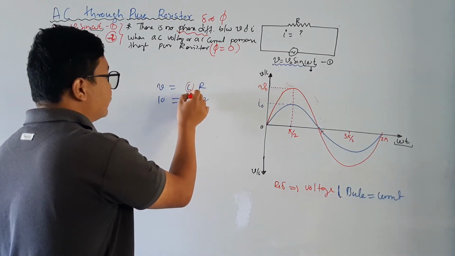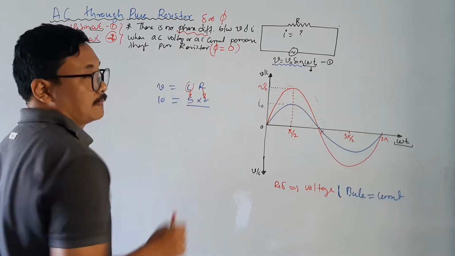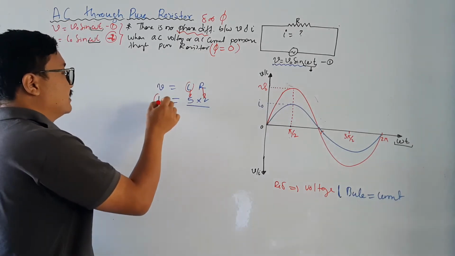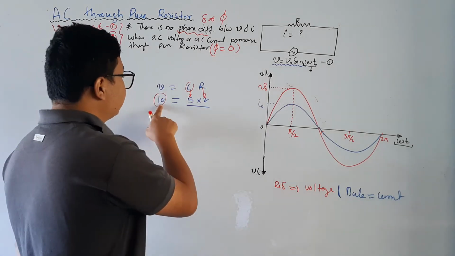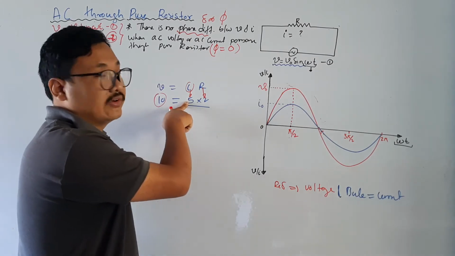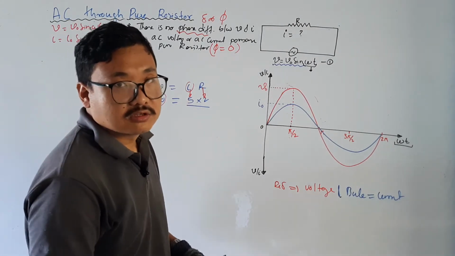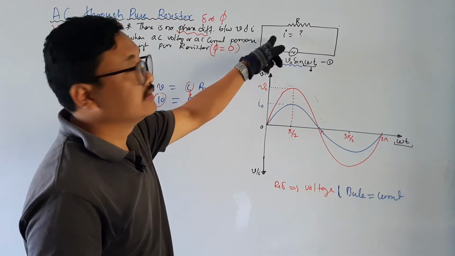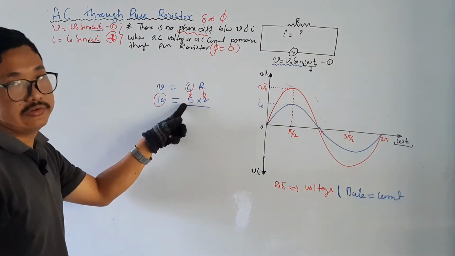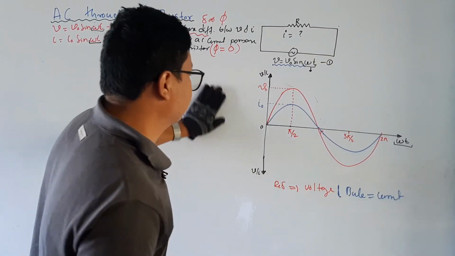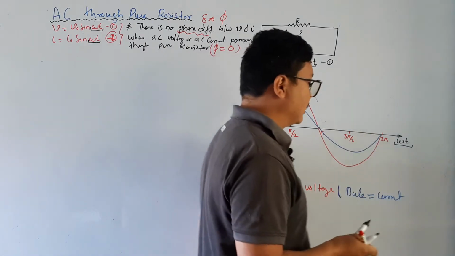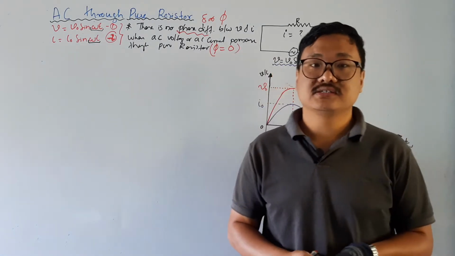What is the value of I? It is 5, the value of R is 2, and the value of V is 10. Now tell me which is larger. 10 is of course larger than 5, therefore the voltage is always larger than the current, from this Ohm's law equation, right? So this is all about our current and voltage representation.